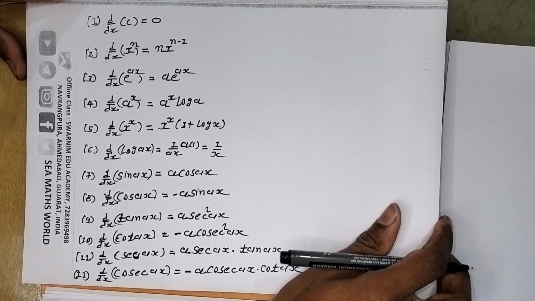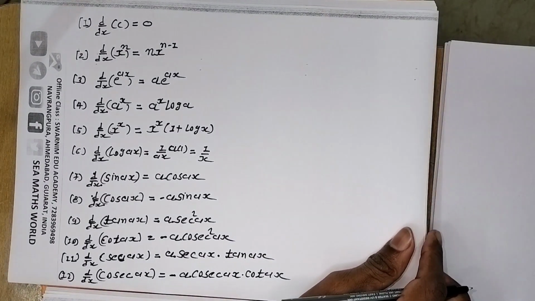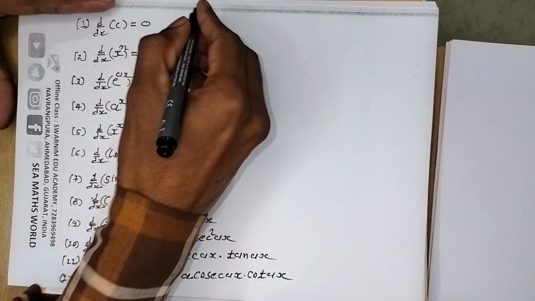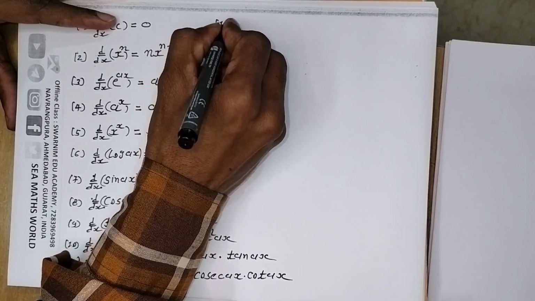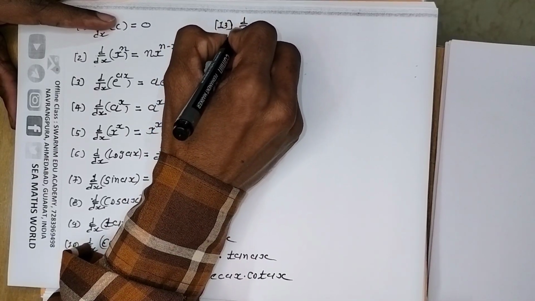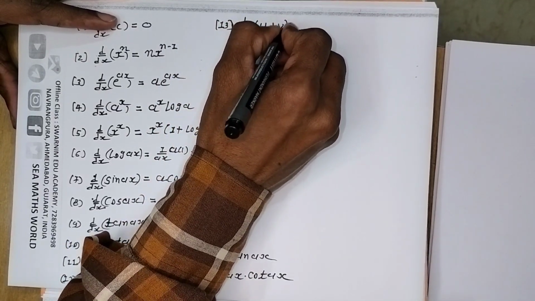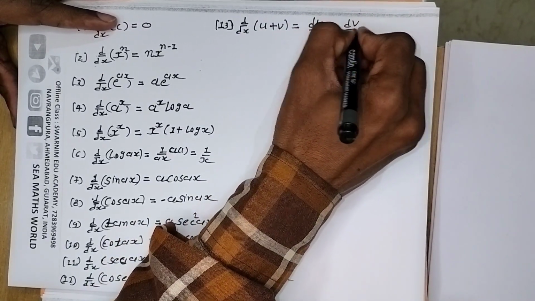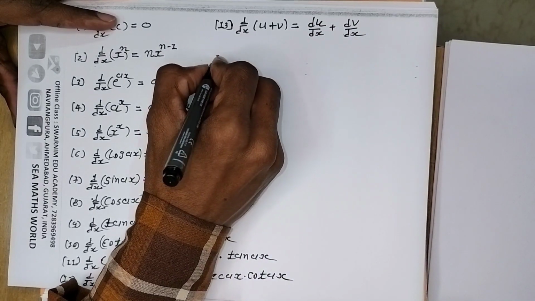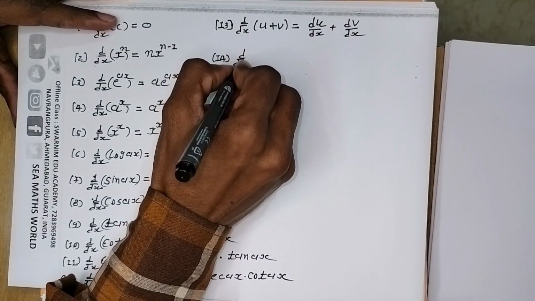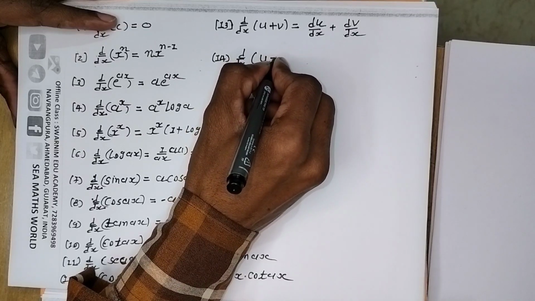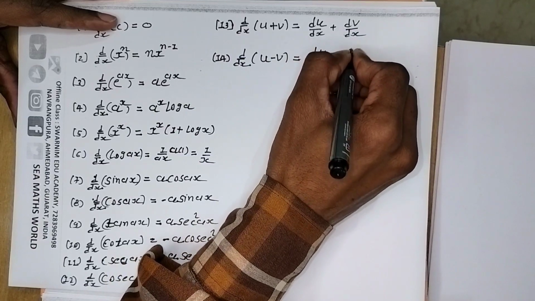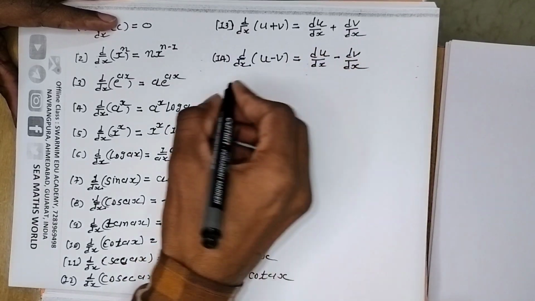And there are four special formulas for addition, subtraction, multiplication and division. First one, differentiation of u plus v is equal to du upon dx plus dv upon dx. Next, differentiation of u minus v is equal to du upon dx minus dv upon dx.